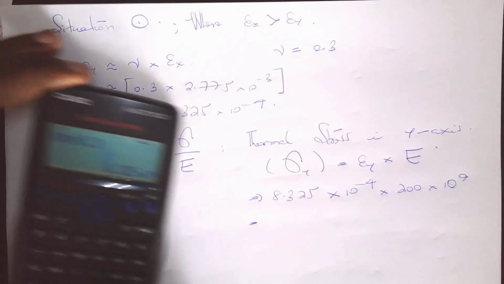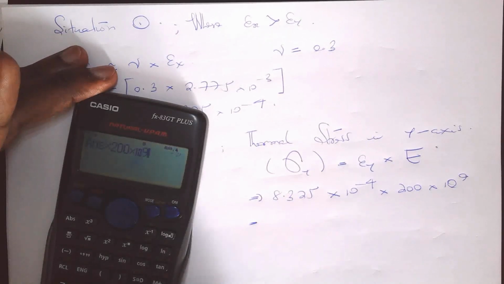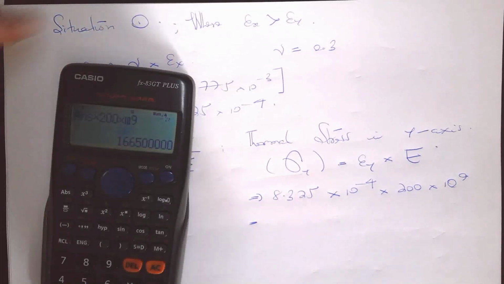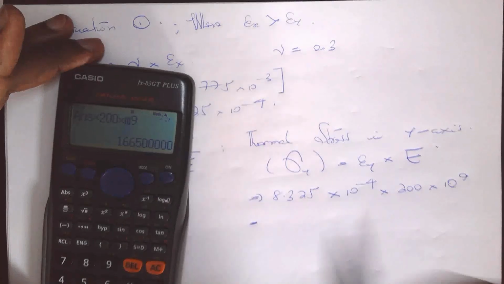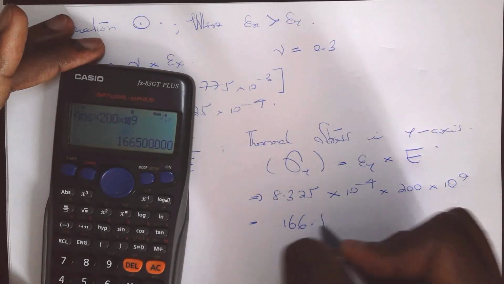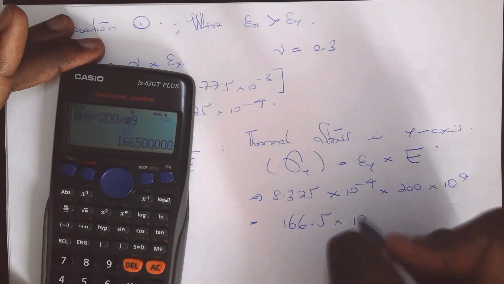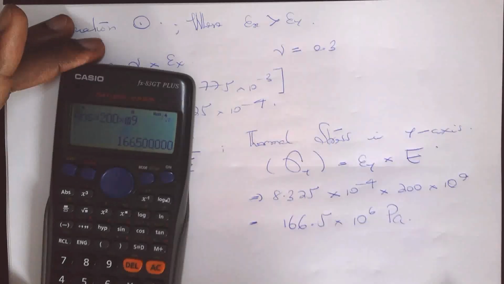So let's bring our calculator. Times 200 times 10 to the power of 9, and that gives 166.5 times 10 to the power of 6 Pa.